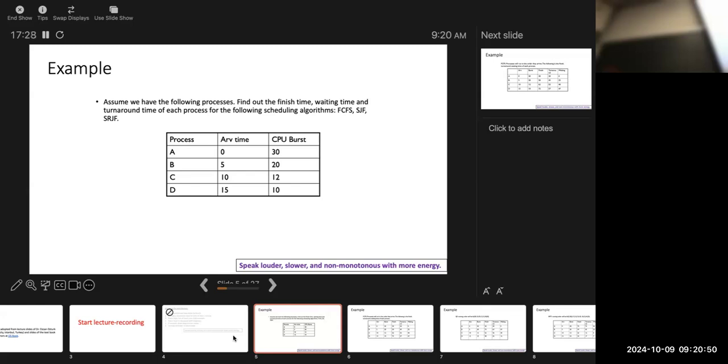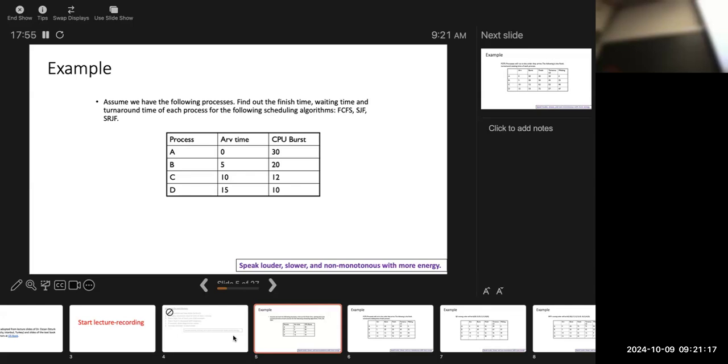Then the remaining time it has is 15. And now the available ready ones are A, B, and C. C has the smallest one, so I'm picking C. C executes for 5 time units, and the remaining is 7 plus 5.